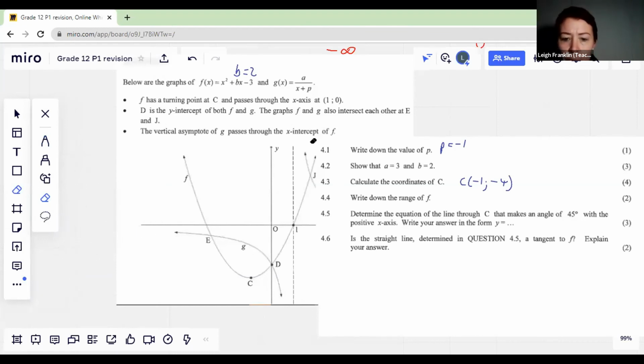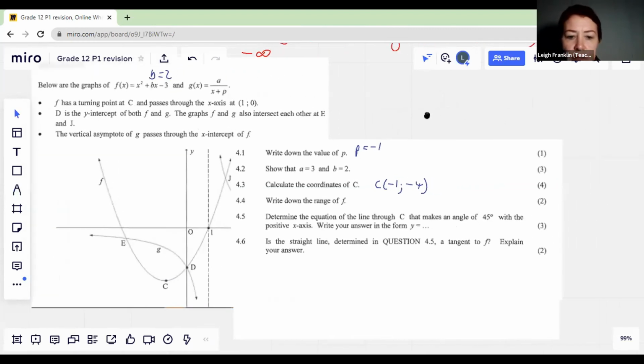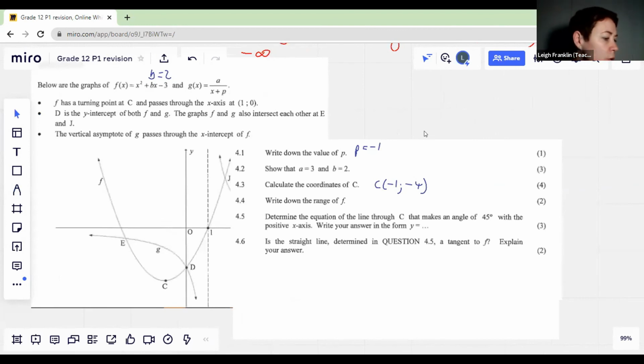Ma'am? 4.6. Yes. My answer is no, but I'm not sure of the reason. Okay, I agree with you. The answer is no. All right, so if the line goes through C, then this particular line is also going to go through point D as well.